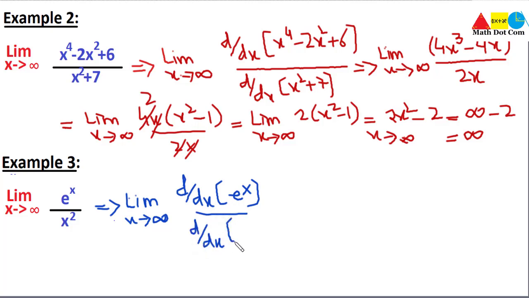Keep this in mind, you have to take the derivative separately of numerator and denominator, not together, as otherwise you will get a different answer, and that is not the actual process. So the differentiation of e raised to power x is e raised to power x, as we already know, and of x square is 2x.